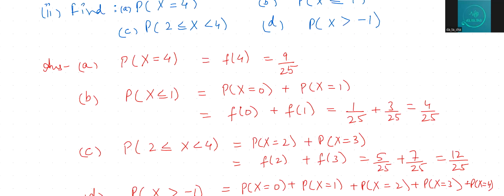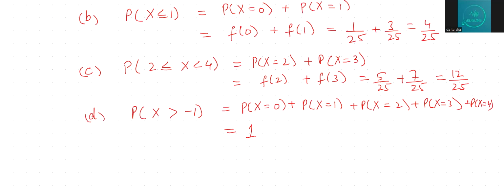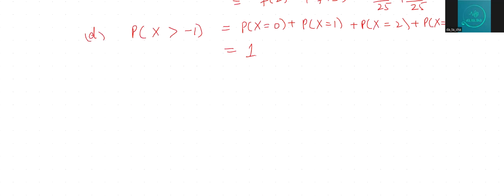Now, one more term that we quite often use in discrete random variables is the cumulative distribution function. So let me just write it here: cumulative distribution function.